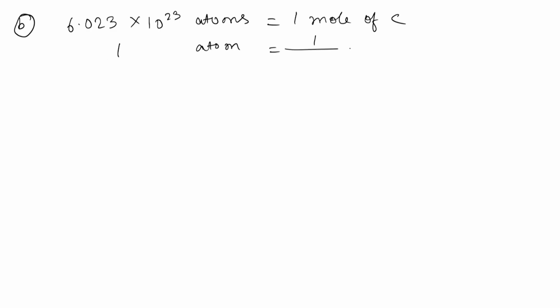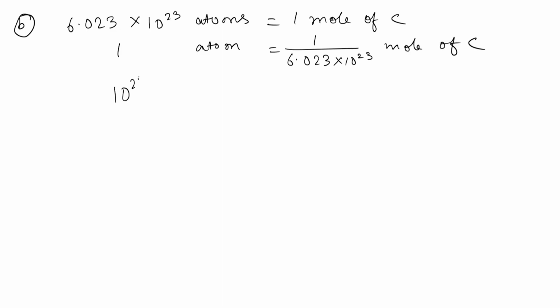Okay. So, 6.023 into 10 to the power 23 atoms is equal to 1 mole of carbon. So, 1 atom is 1 divided by 6.023 into 10 to the power 23 moles of carbon.